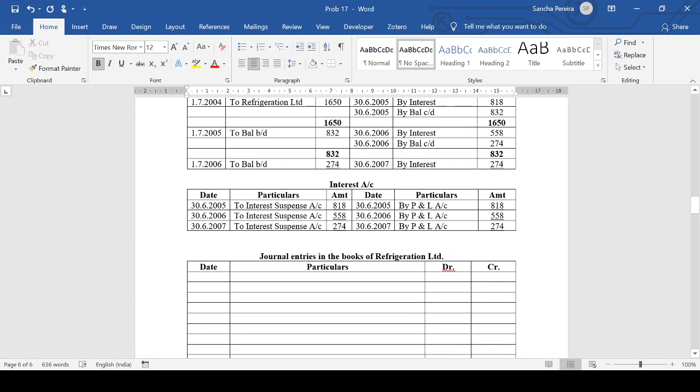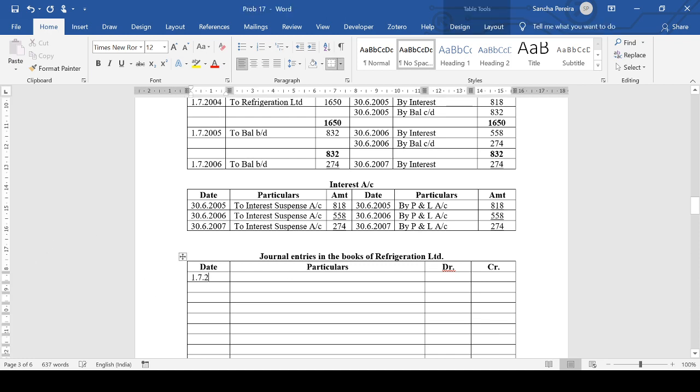Okay, so we need to first record the sales. The entry will be on 1st July 2004: Ashok account debit to sales and to interest suspense account.